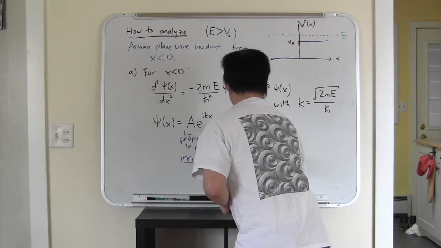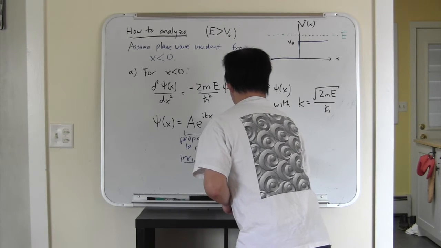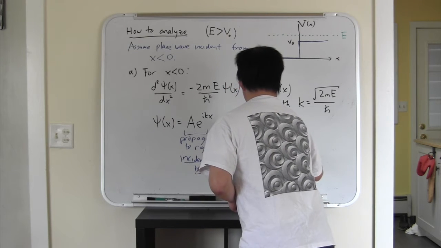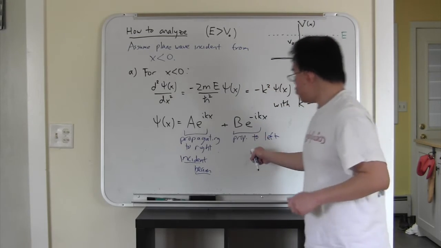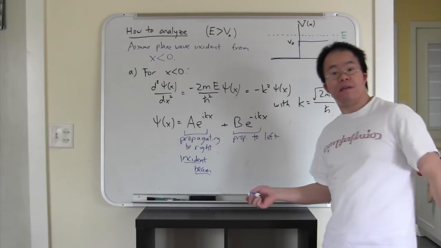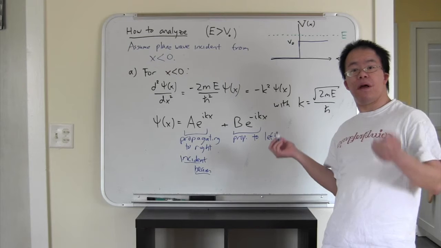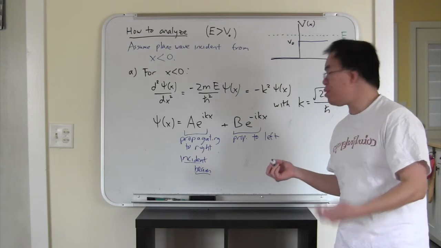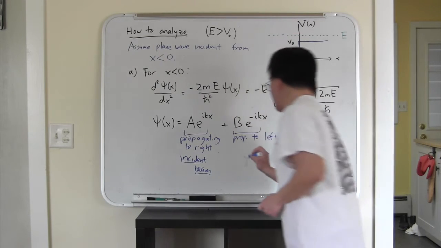So physically, if this is going to the left, we can identify that with the reflected portion of the wave.